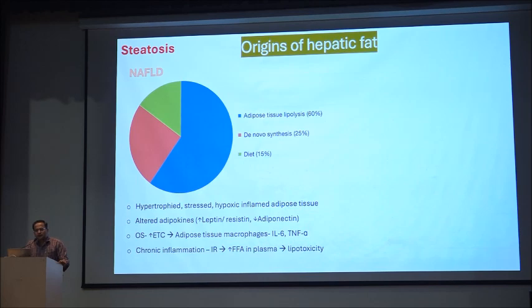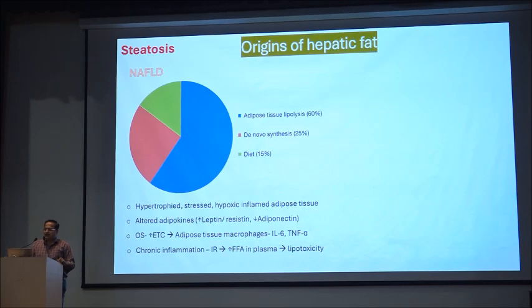The origin of hepatic fat for steatosis in NAFLD: 60% of the fat is from adipose tissue lipolysis, because the adipose tissue is hypertrophied, stressed, hypoxic, and inflamed because of the macrophages in the adipose tissue, in the inflammatory version.